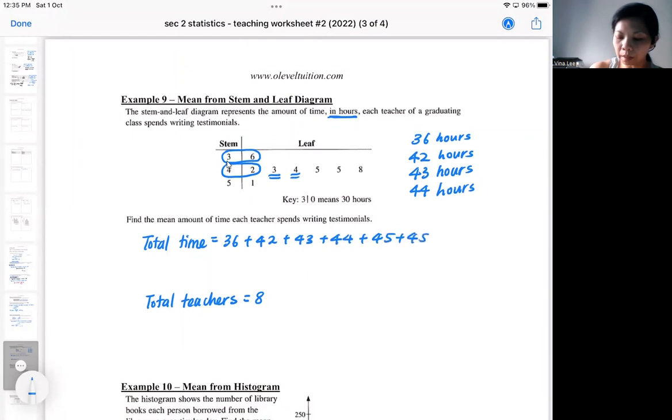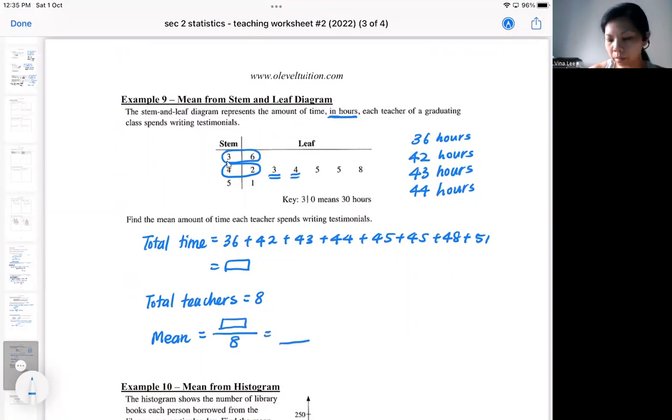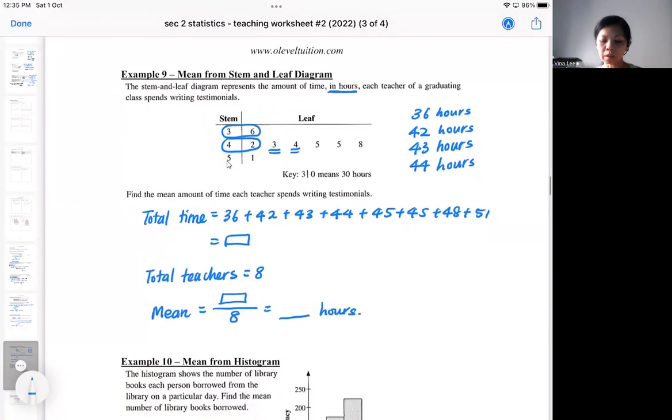So that's just adding up. And you get the total amount of time. If you would like the average time, you should get the total divided by 8. So that's the number of hours on average a teacher spent to write a testimonial. So it's just a different context.